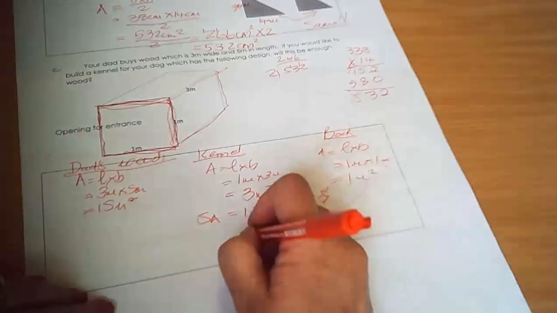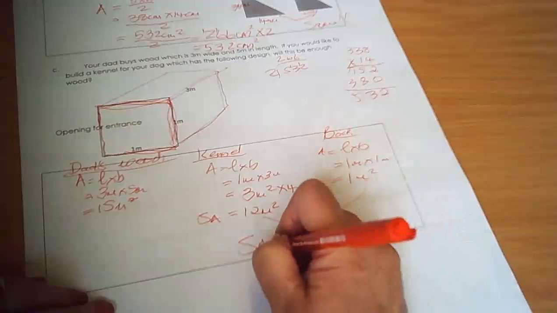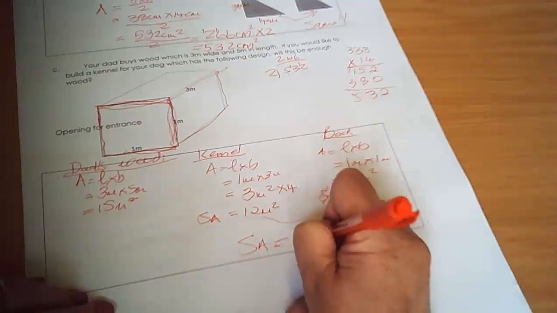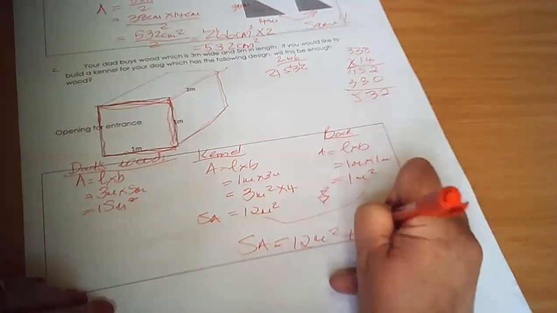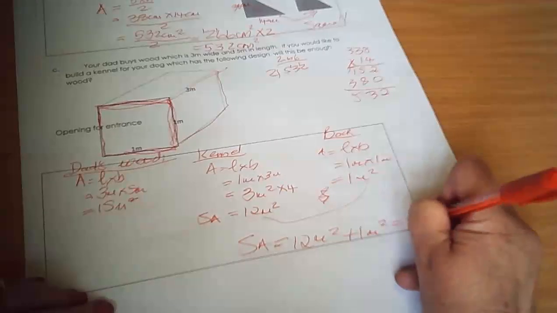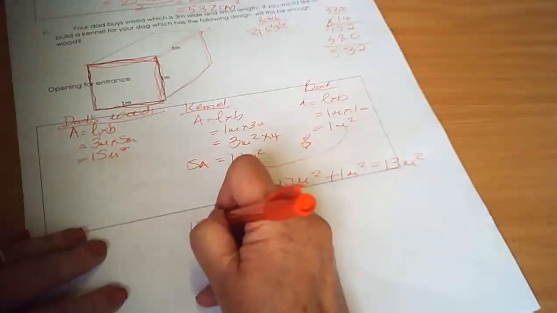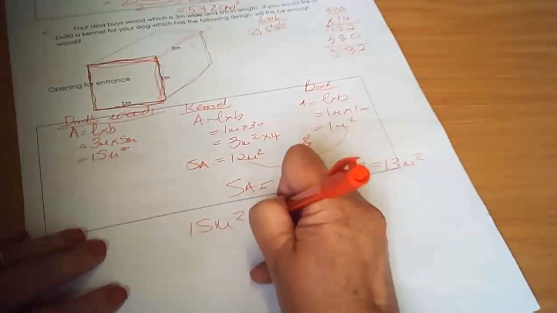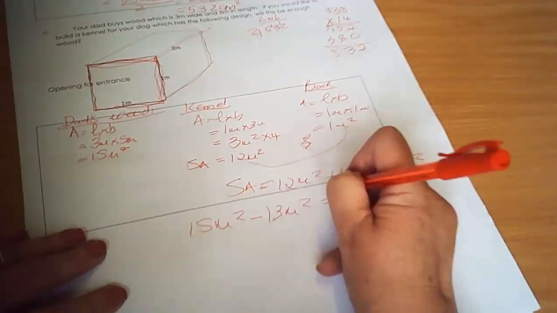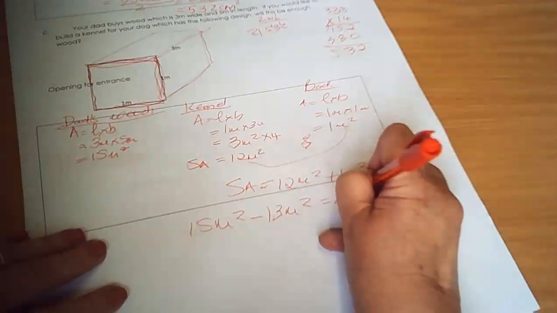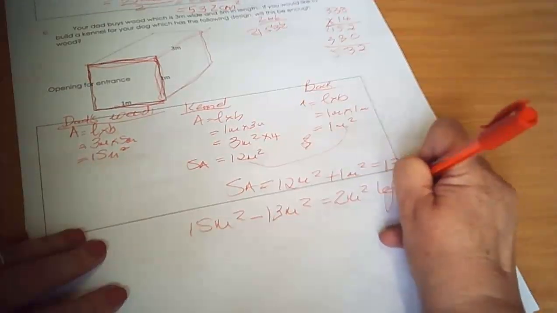If I add these two, I'm going to need surface area is 12 meters squared plus 1 meter squared. That's 13 meters squared. If I take Dad's wood, 15 meters squared, minus the 13 meters squared, that will only give me 2 meters squared left over.